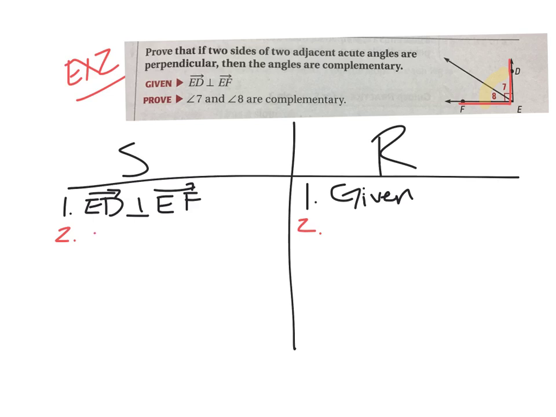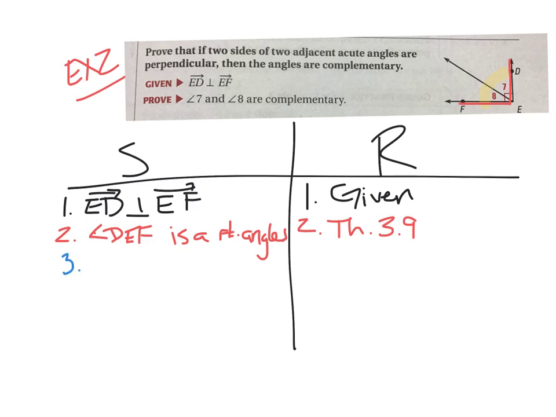So for number 2, we can say angle DEF is a right angle. I'm just abbreviating because I don't have enough space. That's RT angle, right angle. And we know that because of Theorem 3.9, the one we read a minute ago. It shows that perpendicular lines intersect to form 4 right angles.